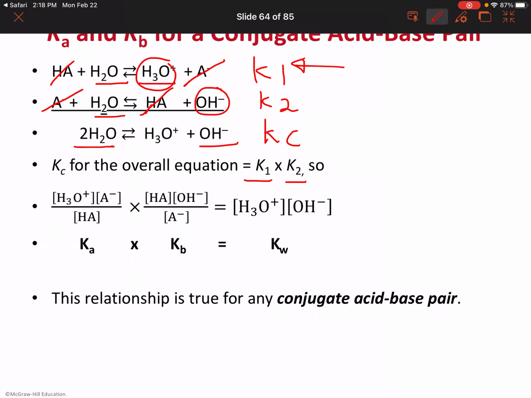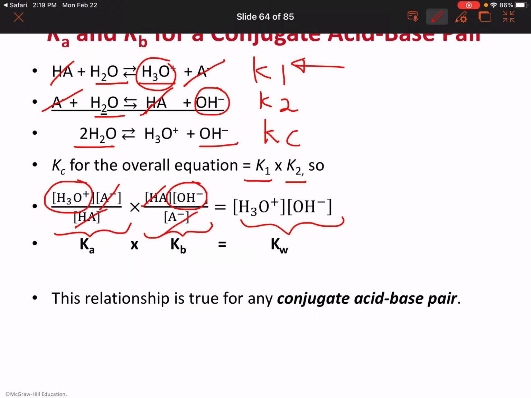You multiply these two together. What happens when you multiply? Here HA gets cancelled, A minus gets cancelled. So you end up with hydronium ions times hydroxide. And this is your Ka and this is your Kb, and it will become Kw. So these are conjugate acid-base pairs.